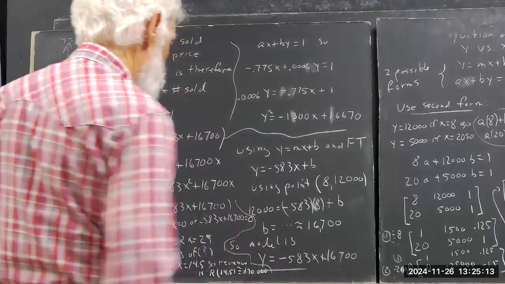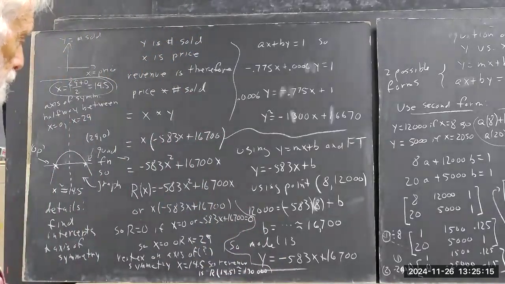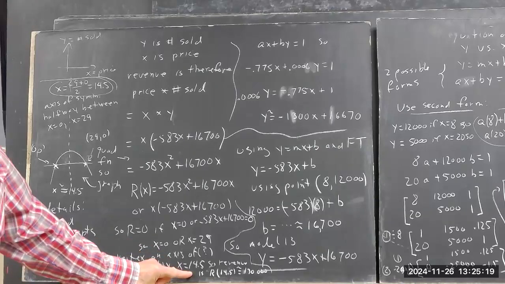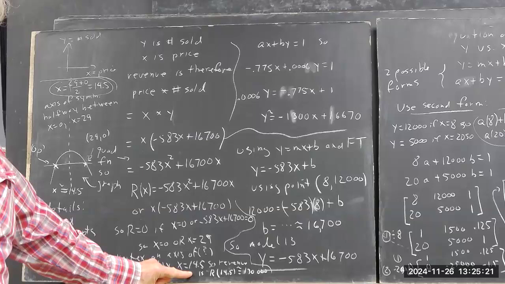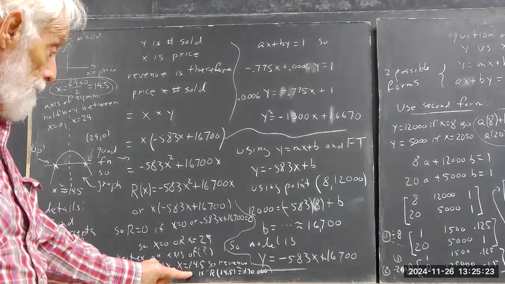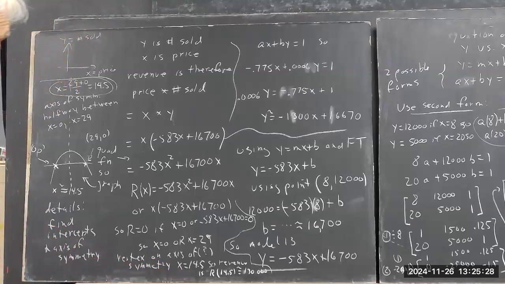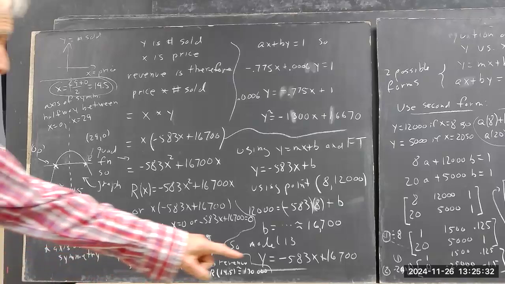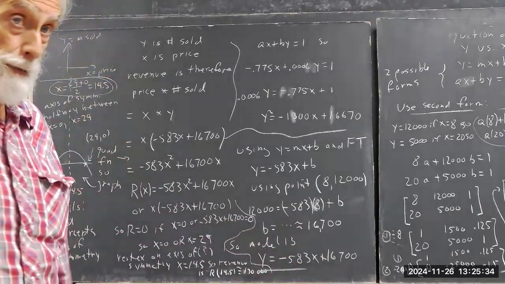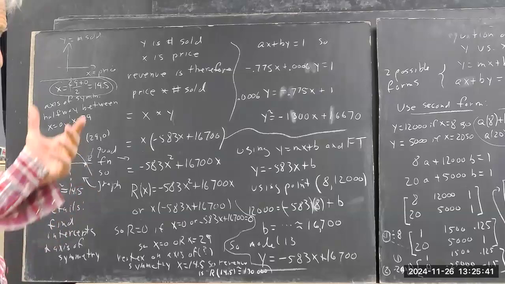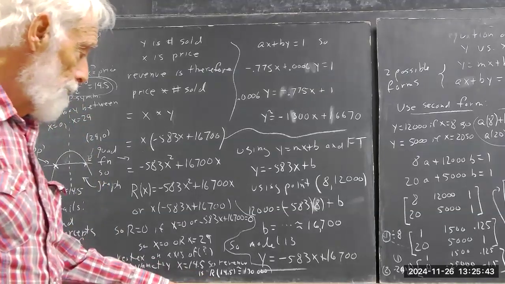But you plug that in your calculator or your Excel spreadsheet, and you predict that if I charge $14.50, let's say, I'm going to sell what I get when I plug in 14.5 here, which should be around 8,000, something like that.